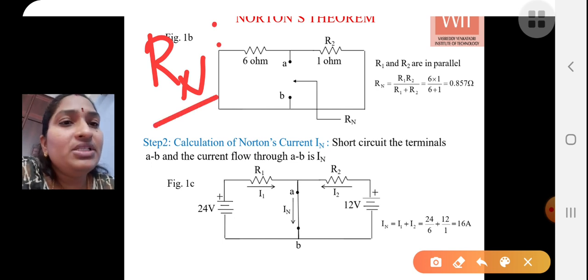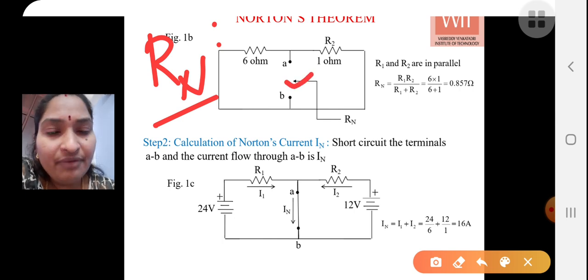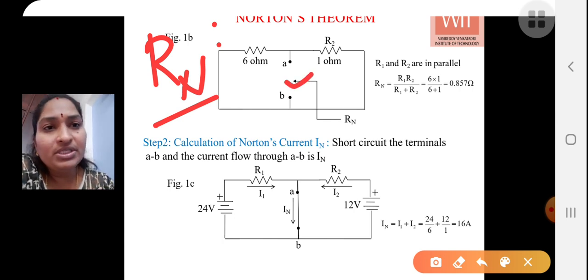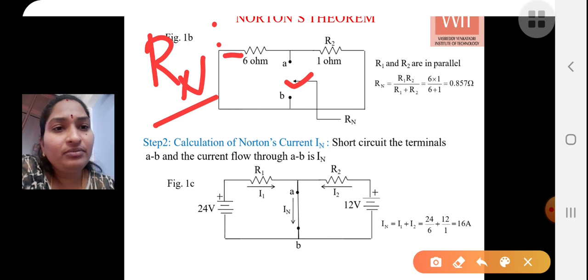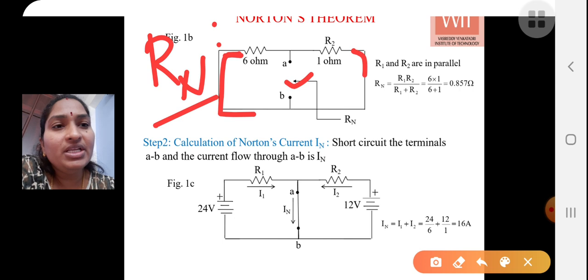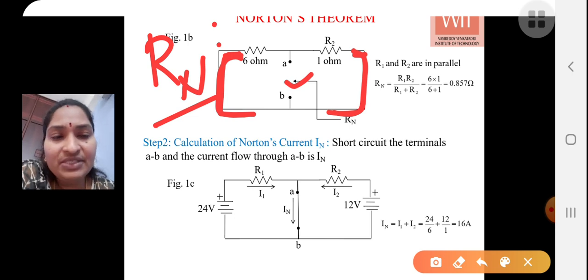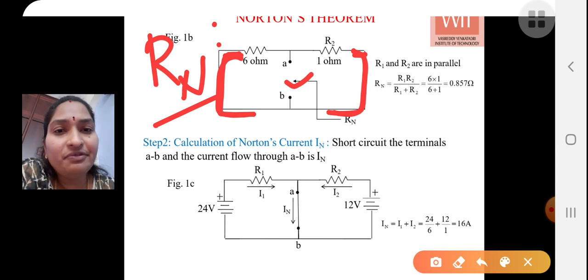So the first step is, after removing the load resistance, in addition to that we have to remove all the sources. Here we have two voltage sources, one voltage source and here another voltage source. I am going to remove all these sources by short circuiting them, since voltage sources have to be short circuited in order to calculate the Norton's resistance, as we have seen in the procedure for drawing the Norton's equivalent circuit.